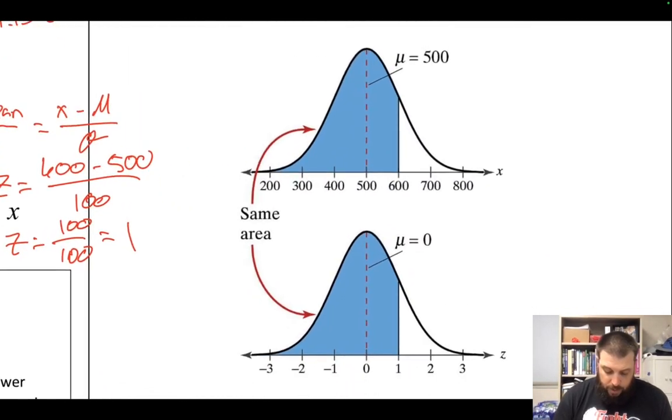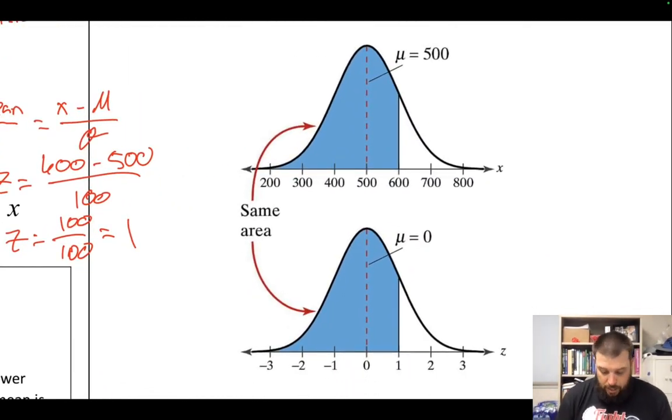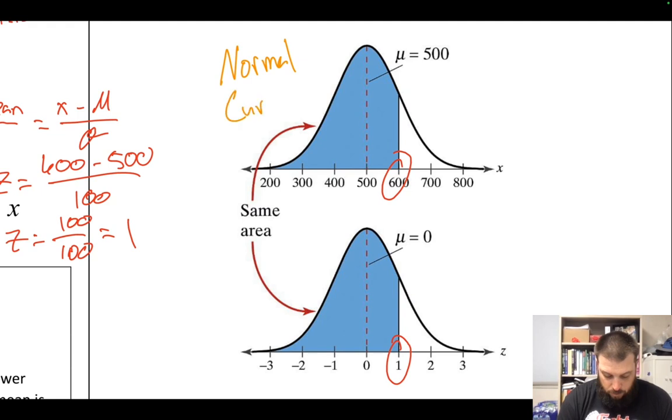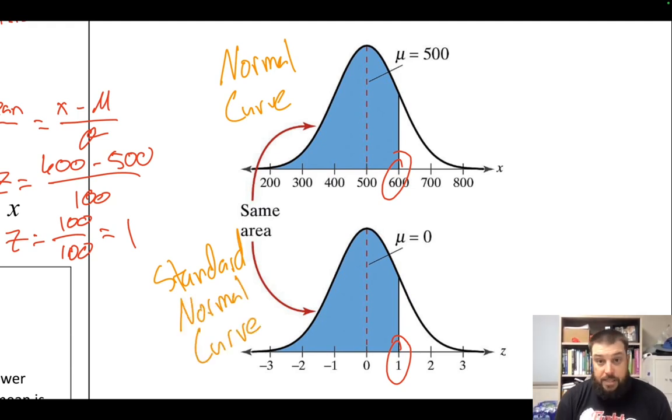And so you can see the work that we just did, how we found the z-score of 1 was the corresponding z-score to the x value of 600. So as we took our normal curve and translated into our standard normal curve, the shaded area stayed the same.